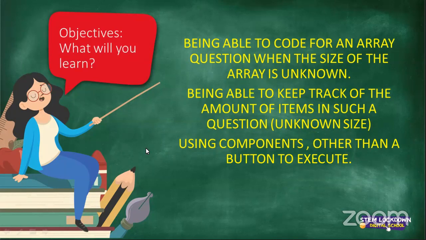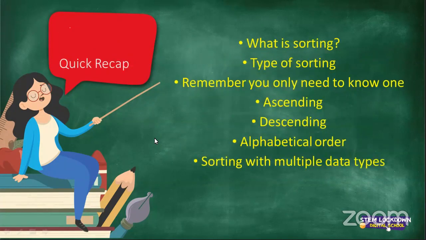Okay, so quick recap. What is sorting? We explained what sorting was in an array. It's just arranging values in a particular order. We spoke about the different types of sorting, and the main two that you need to understand will be the bubble sort and the selection sort. Now, I'm not a big fan of the bubble sort. I think neither are you, but again, anyone is acceptable.